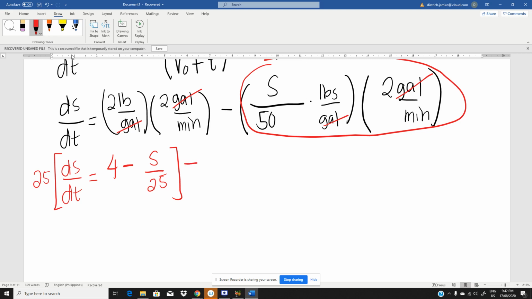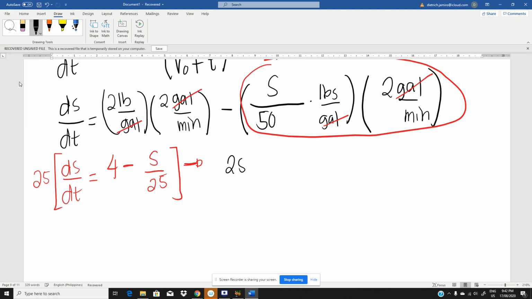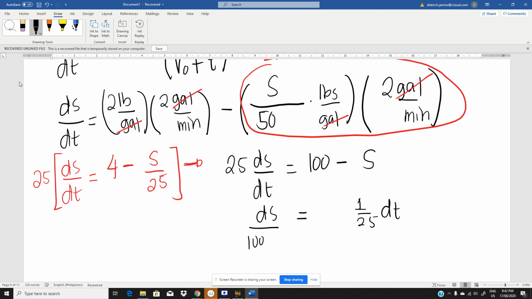we will have 25 ds over dt is equal to 100 minus s. So separating the variables, we will have dt, and then I'll put 1 over 25, and then we will have ds all over 100 minus s.